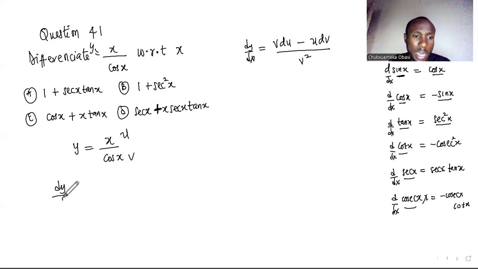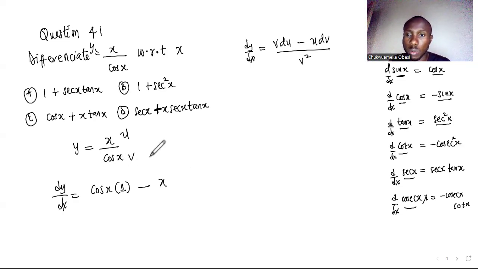So dy/dx is going to be, what's our v? Our v is cos x. So we have cos x, we hold the cos x, and we differentiate the u. When you differentiate x, you simply get 1. Minus, you hold your u now, which is x, and you differentiate your v, which is cos x.